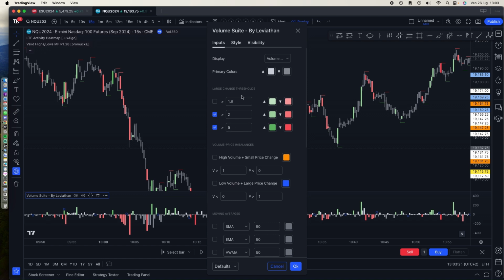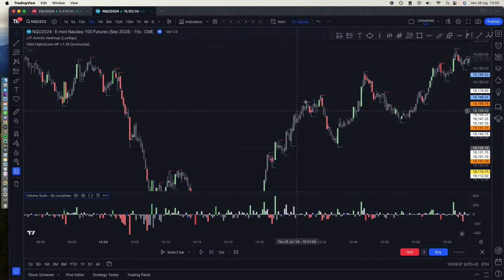The large candle thresholds are the very important settings, in which the indicator shows you the volume candle, basically. My candles are totally gray, no matter if they are bullish or bearish. I only want to see this kind of high volume candle, with high delta.